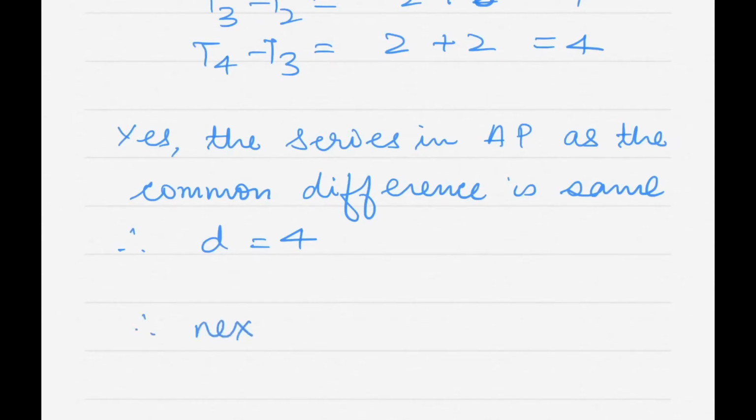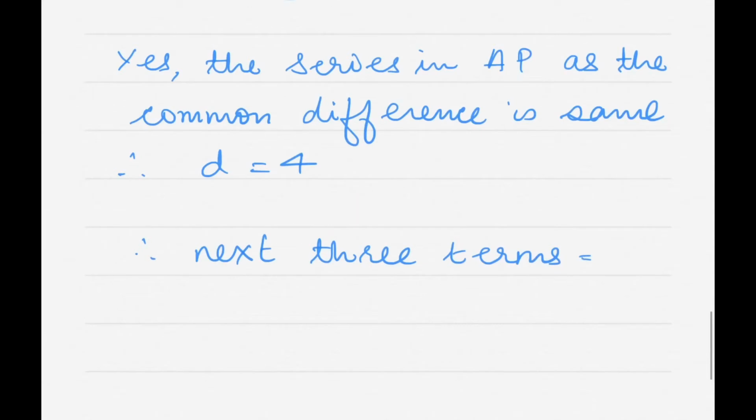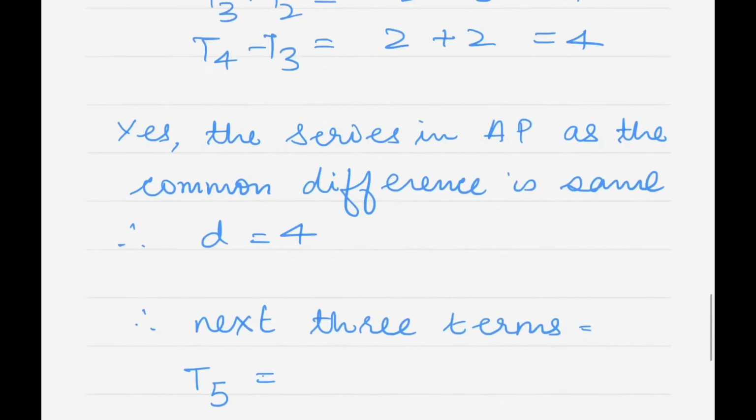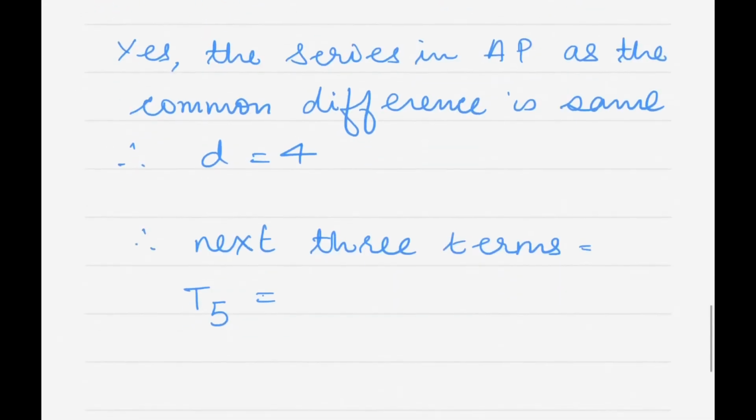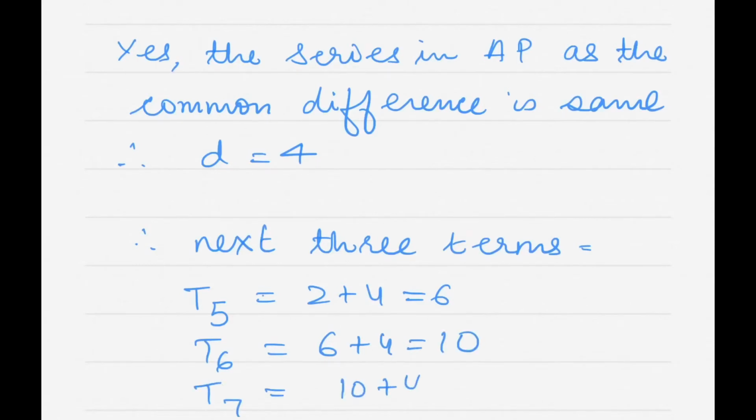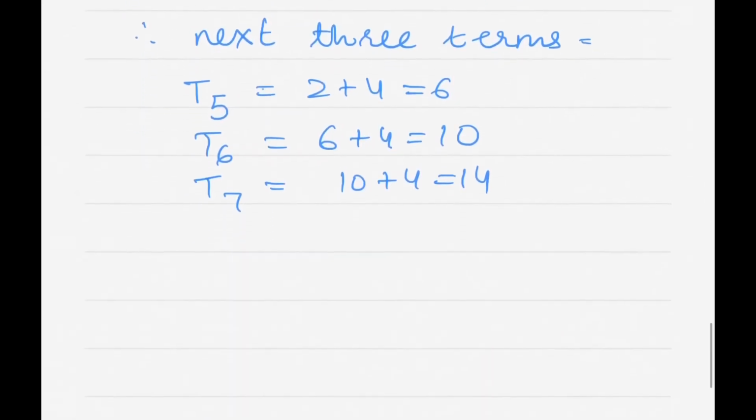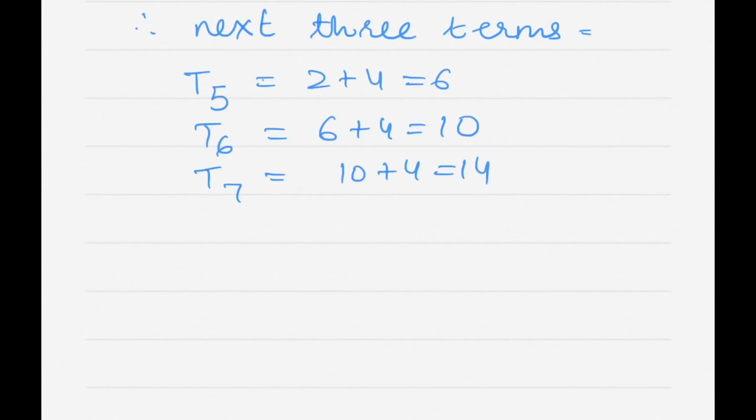Therefore next 3 terms: now next is T5, fifth term. What was my fourth term? Fourth term was 2. So 2 plus 4 is equal to 6. Then T6 will be 6 plus 4 is equal to 10. T7 is equal to 10 plus 4, so 14. I have found out all my 3 terms. Got it? So now move to fifth part.